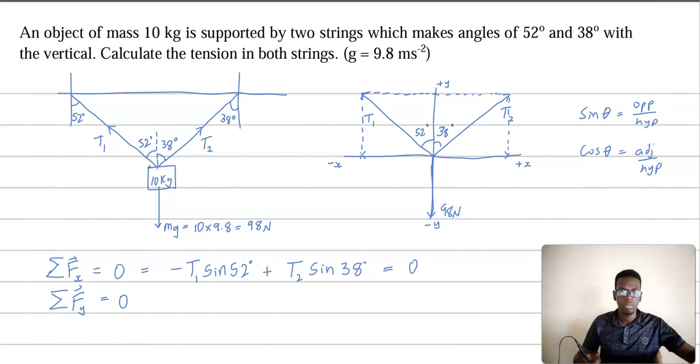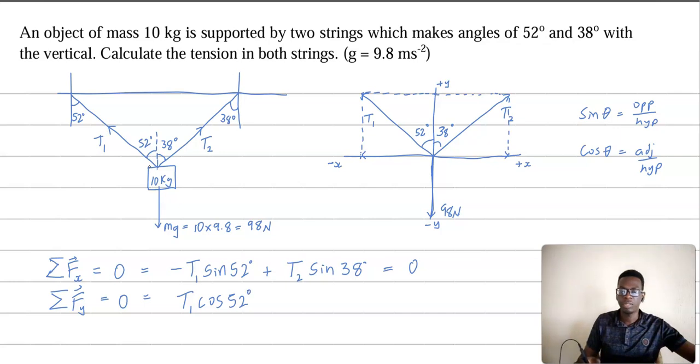Let's do that for the y component. We have three forces. Let's begin with T1. The side we need, which is the y component, is adjacent to the angle 52. So we use the second ratio, cosine theta equal to adjacent over hypotenuse. Therefore, adjacent is hypotenuse, in this case T1, cosine, and the angle is 52 degrees.